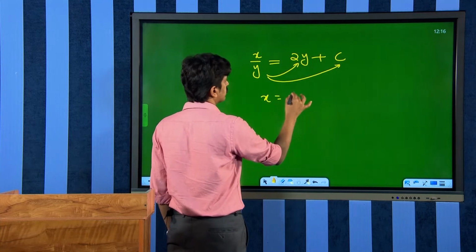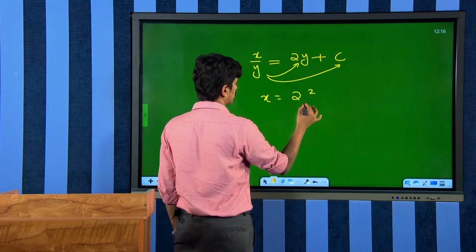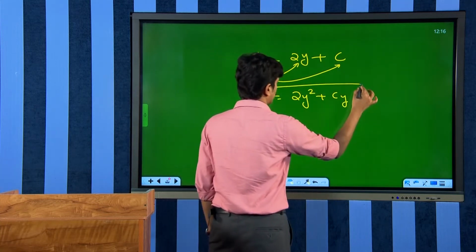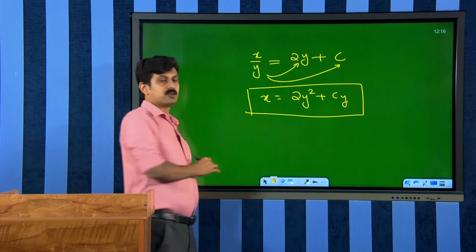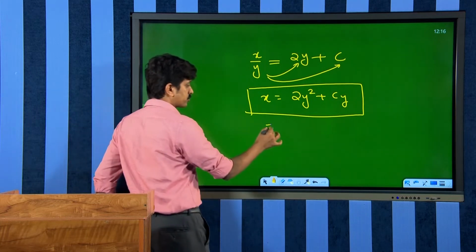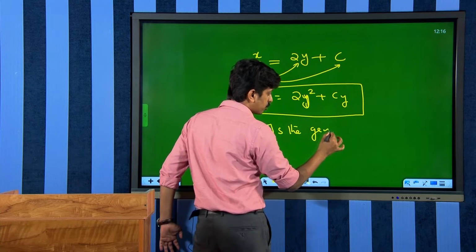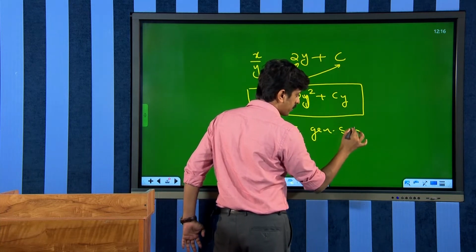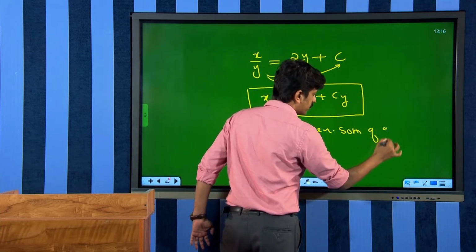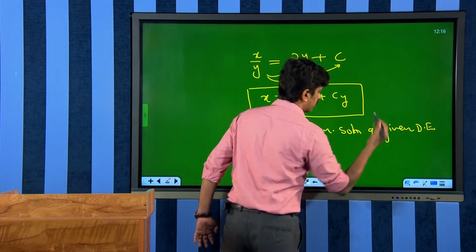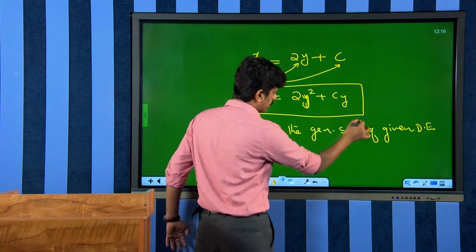Therefore, x is equal to 2y square plus cy is the general solution of the given differential equation.